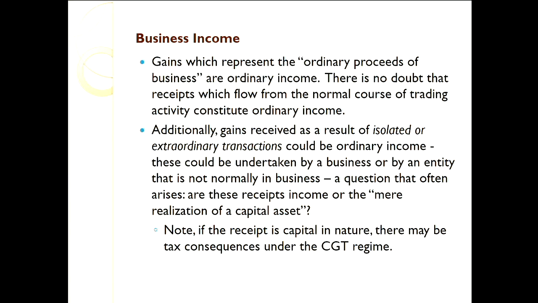Now, first we'll look at financial gains which can be regarded as ordinary business proceeds, which is a relatively simple case, and then we'll go to the more complex and probably more interesting area of gains arising out of extraordinary or isolated transactions, and can they be income, and when will they be income?